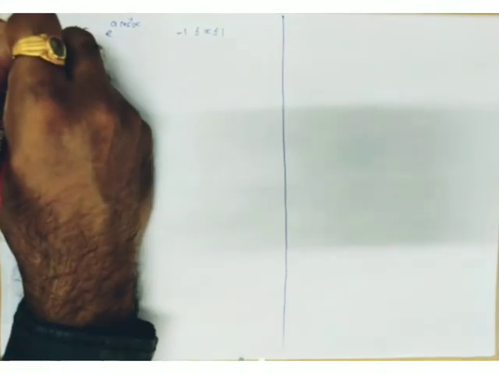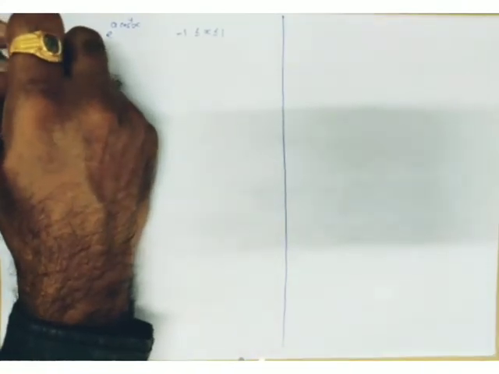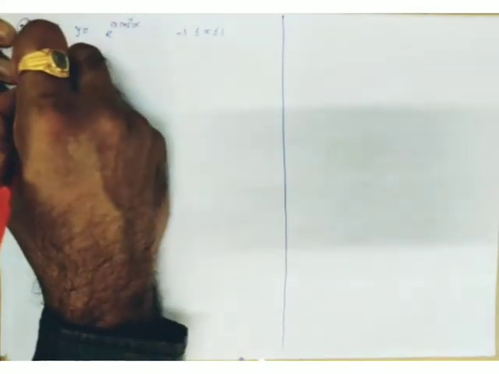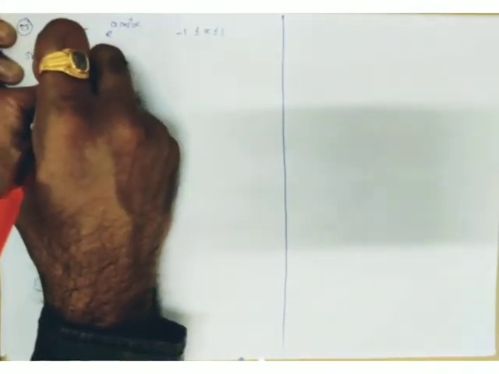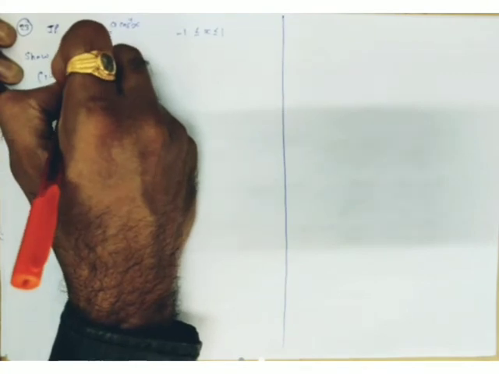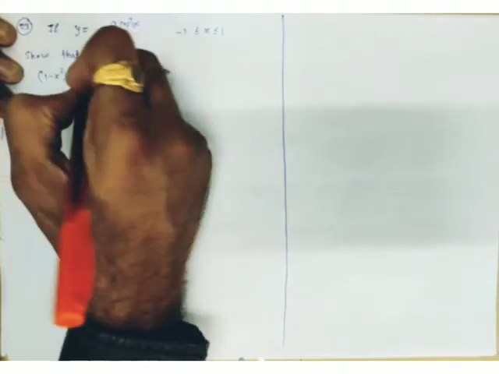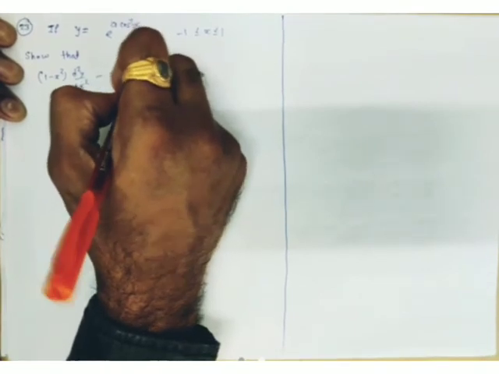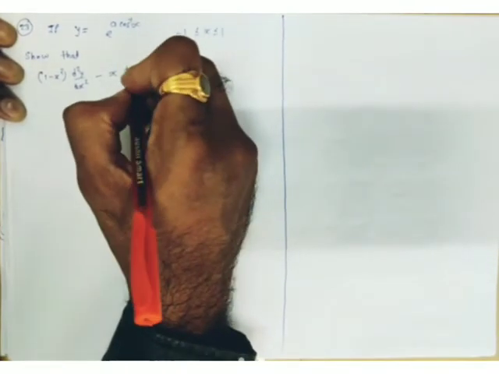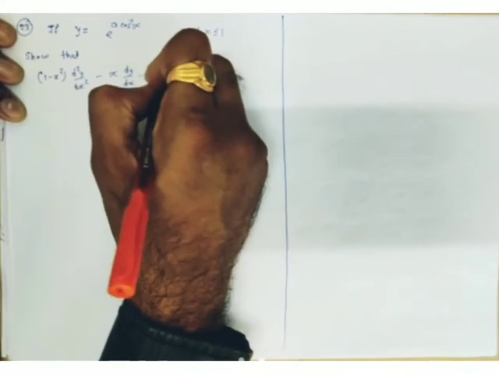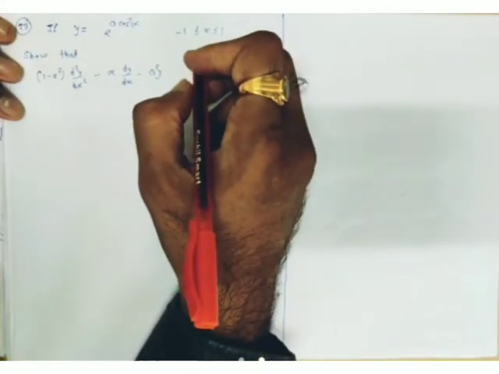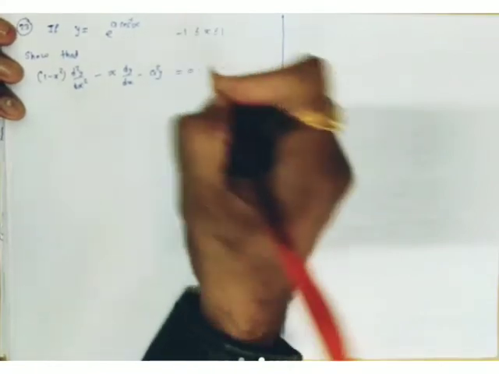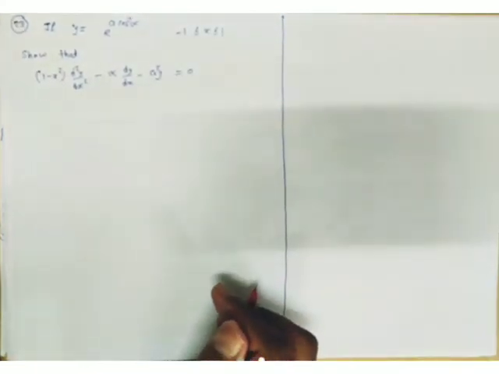So for this, you have to prove that 1 minus x square d square y by dx square minus x dy by dx minus a square y equal to 0. This you have to prove.